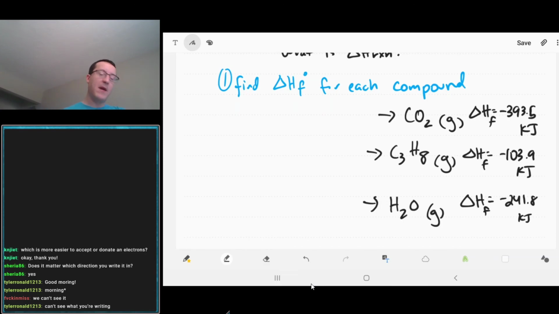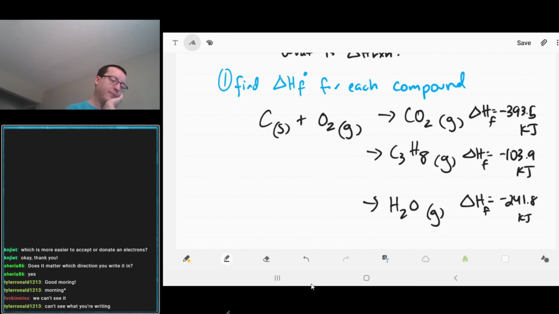So the elements that make up CO2 would be carbon plus oxygen. Remember, we always indicate whatever state it is at 25 degrees Celsius, that's room temperature. So at room temperature, carbon is going to be a solid, particularly in graphite form, and oxygen is a gas, that is O2. We put them together, we have a particular delta H for that.